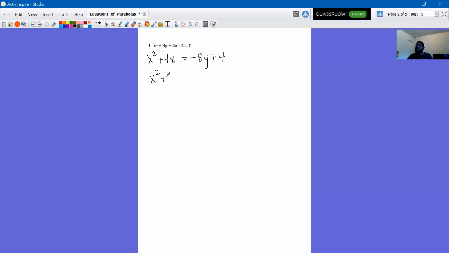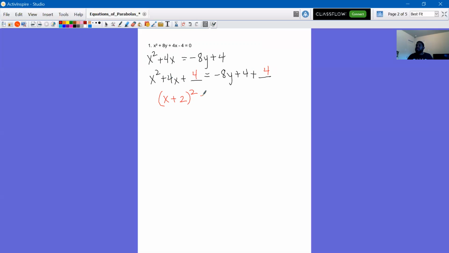So we have x squared plus 4x plus blank equals negative 8y plus 4 plus blank. When you complete the square, you take half of 4, which is 2, and square that result, which is 4. So whatever you put there, you put on the other side as well. And then you get x plus 2 all squared.